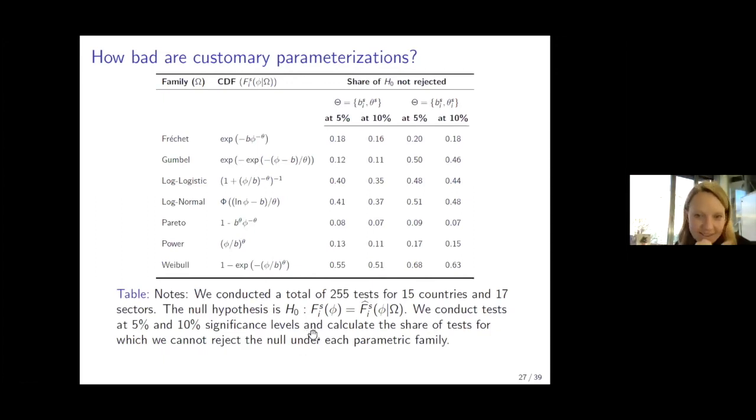So it makes sense to go the non-parametric way and not to constrain ex ante the role of technology in our paper, where we want to understand the role of technology for international trade. We won't use any of these parameterizations because they are not too good, in particular those we typically use. Pareto is the worst of all the distributions here: only around 8% of the distributions could be parameterized by a Pareto distribution. That's not a lot, so I think it makes sense to go the non-parametric way here.